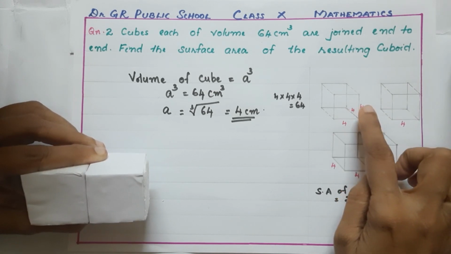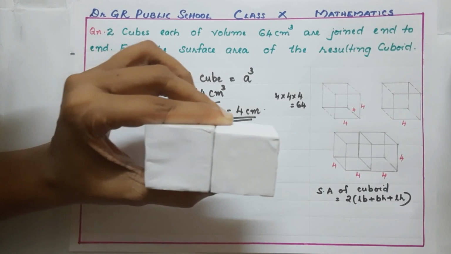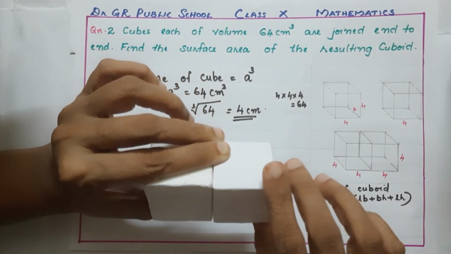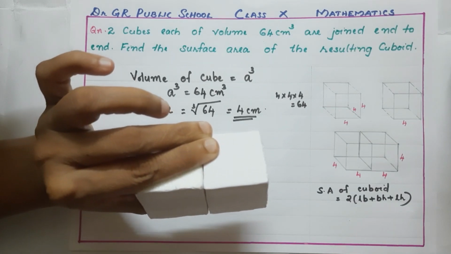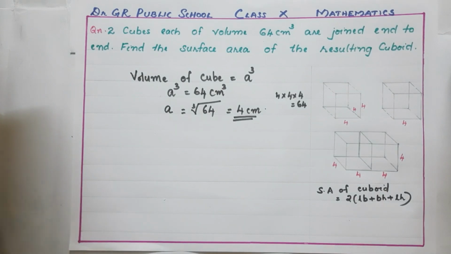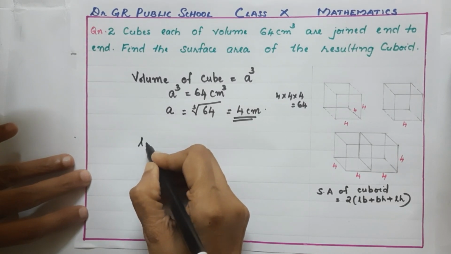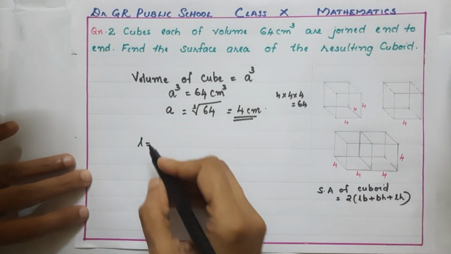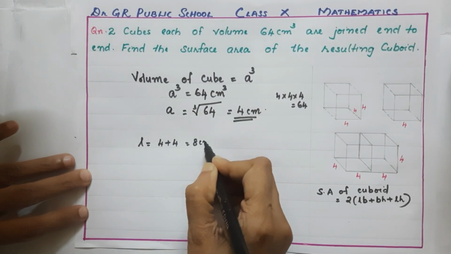Don't think like that. Whatever faces we can see, only that much area we have to consider. Now we can find the surface area of this cuboid using the formula. What is the length of this cuboid? Length is 4 plus 4, which is 8 centimeter.